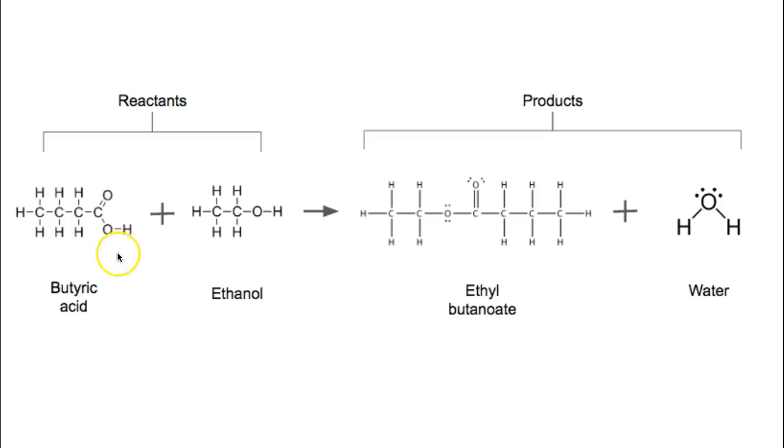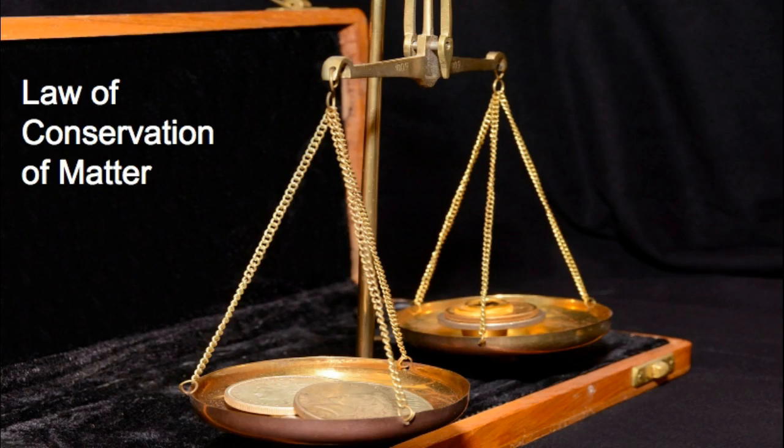Like if we consider the whole reactant side, it has 1, 2, 3, 4, 5, 6 carbons. And there's 1, 2, 3, 4, 5, 6 carbons on the product side. That's because those elements are not spontaneously created or destroyed. They're just rearranged. And that's what the law of conservation of matter tells us, is that the compounds are rearranged, or the elements are rearranged. They're not suddenly created or destroyed.